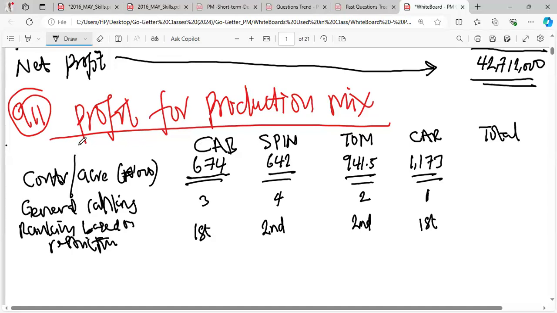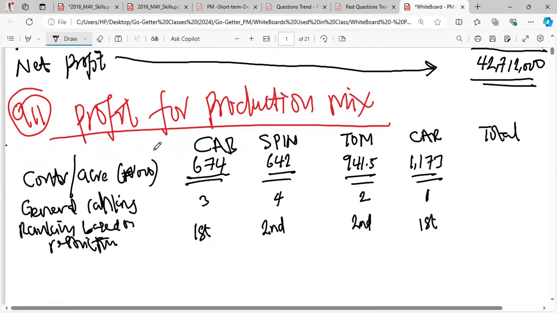So that's why we're doing it this way. So it means in the cabbage and spinach section, you concentrate first on cabbage before spinach. In the tomatoes and carrots section, you concentrate first on carrots before you do your tomatoes.